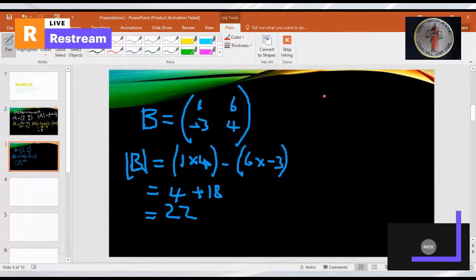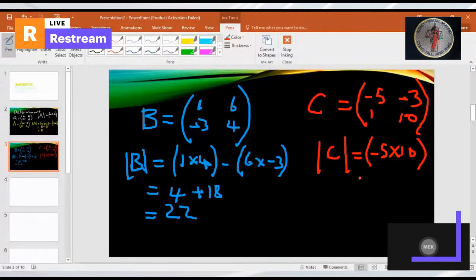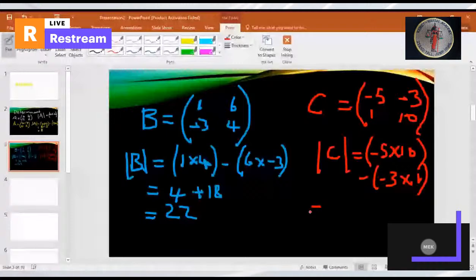All right, so matrix C, negative 5, negative 3, 1, 10. So the determinant of C, that will be negative 5 times 10 minus negative 3 times 1, and that gives negative 5 times 10, that's negative 50.